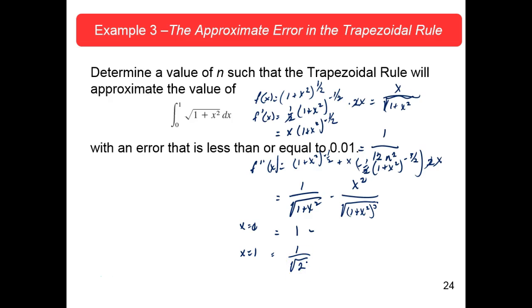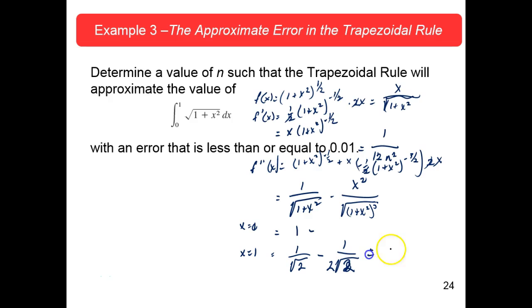Minus 1 over the square root of 8, I think it is. Which is going to be 2 root 2.